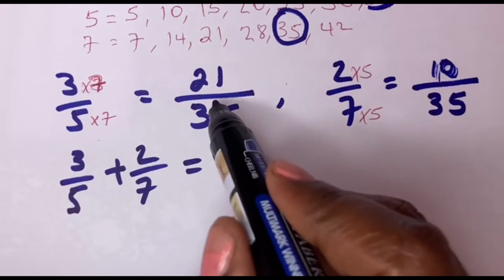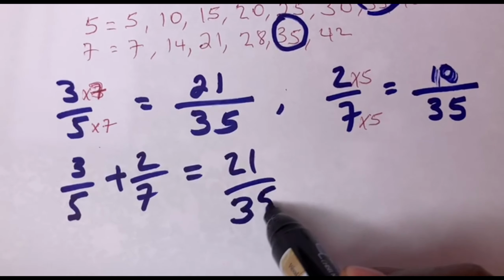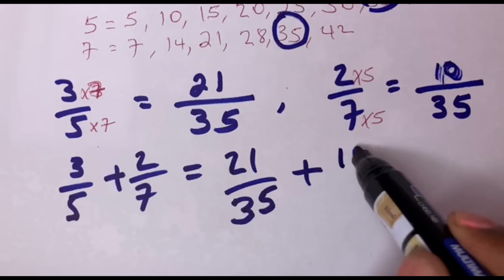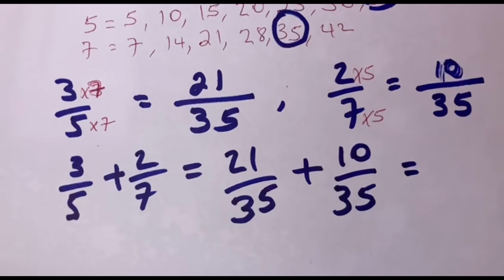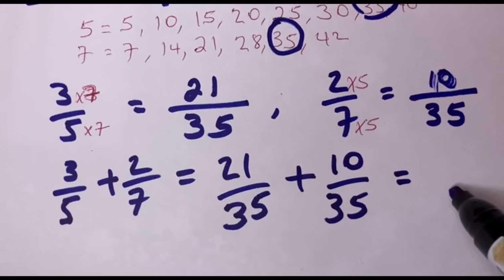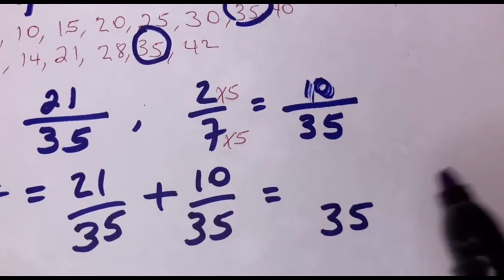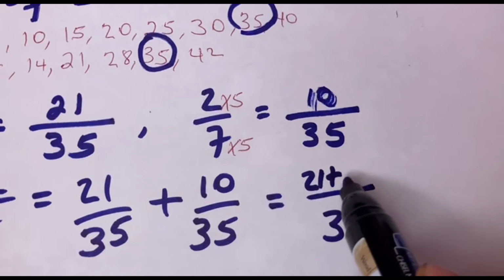So 3 over 5 will be 21 over 35 plus 2 over 7 now will be 10 over 35. So now we take 35 as the common denominator, and add 21 plus 10.